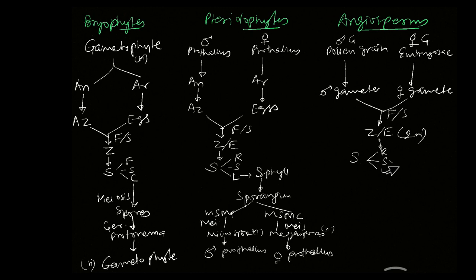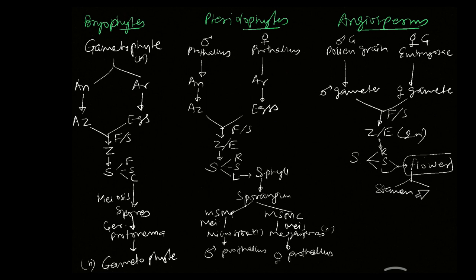The stem and leaf form the flower. How can we say this? We know that the flower is a modified stem and leaf forms the parts of the flower. Okay, so we study about this in flower development. So on the flower, the stamen and carpel are formed.